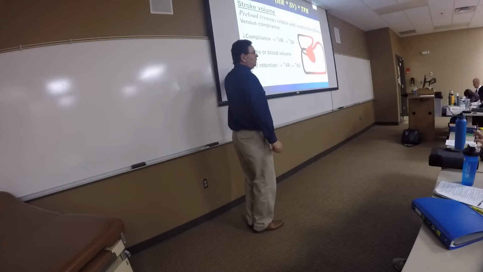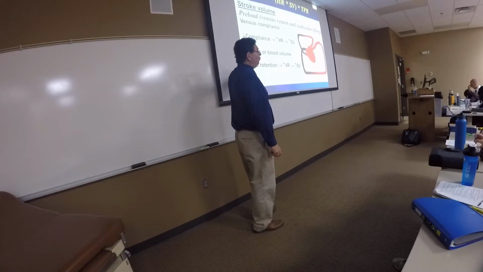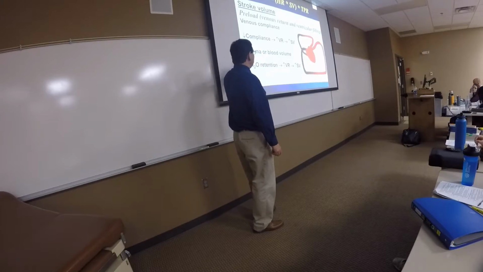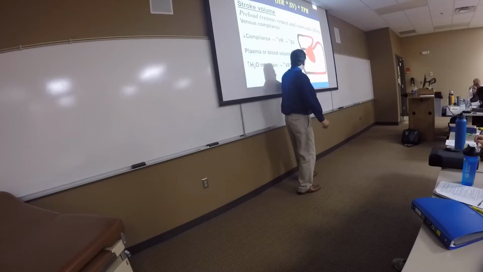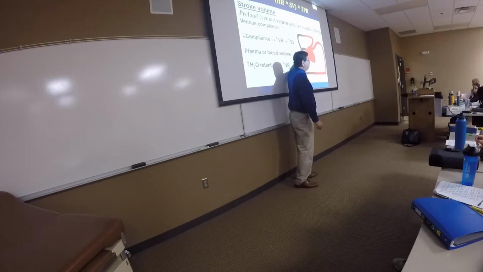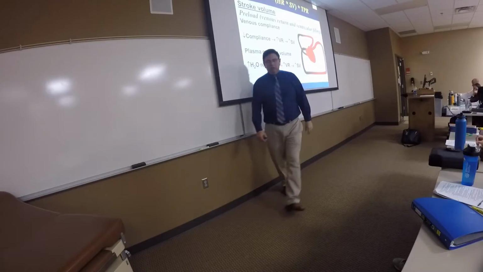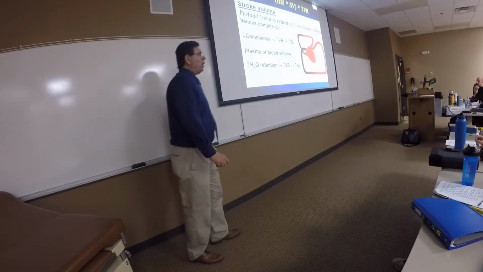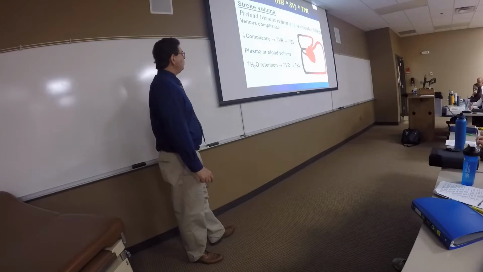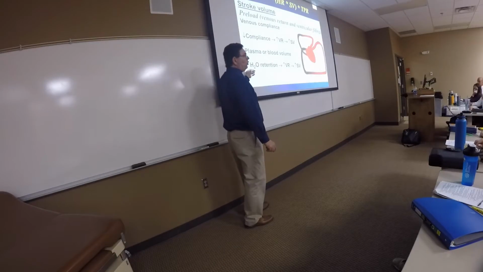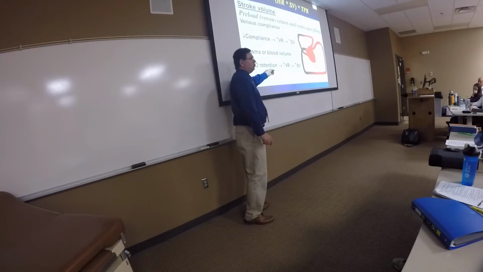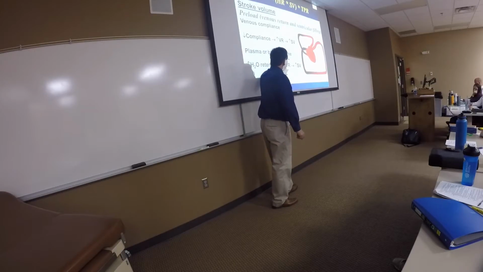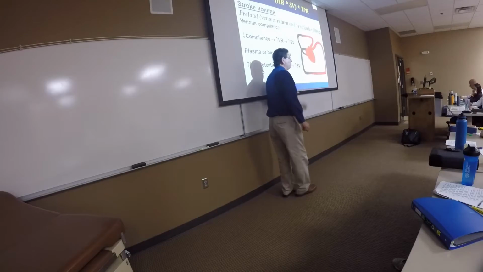So if you are dehydrated or if you suffered a hemorrhage, I think you can understand that if you have this drop in plasma volume, you're going to have a drop in venous return, a drop in preload, a drop in stroke volume. So one thing that the body tries to do is increase water retention at the kidneys, and if you increase water retention at the kidneys, that will increase stroke volume.